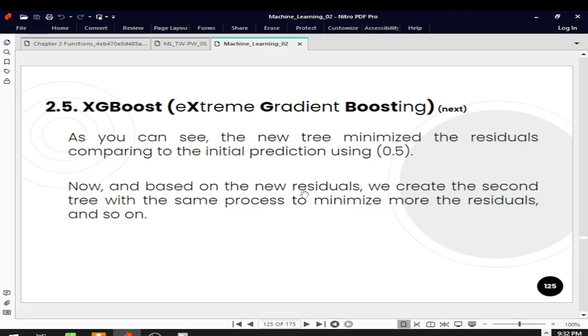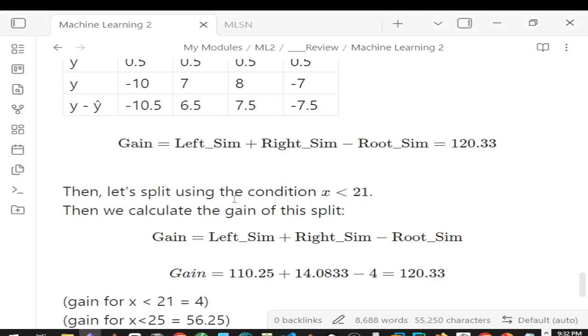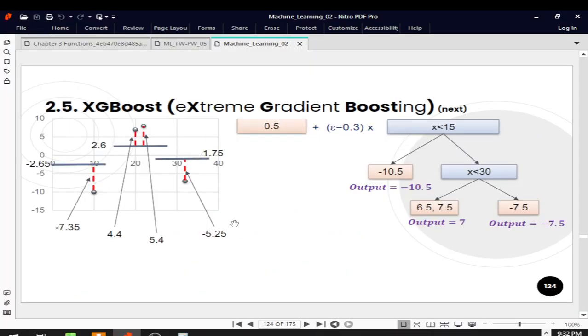Now, based on this new residual, we create the second tree. So if you understood what we did, this is going to be our new data, and we will do the same process as we did before. We split, we calculate similarities, we calculate the gain, and see which is the best split, and then we stop when the gain minus gamma is negative.